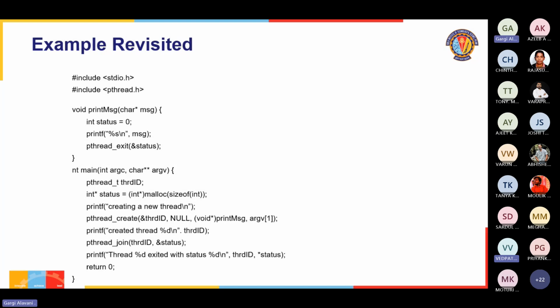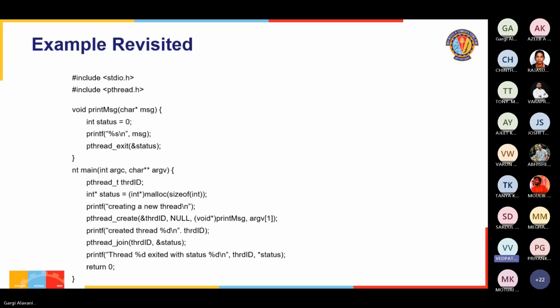Once we start execution of the print message method in a separate thread, pthread exit will come into context and it will end the new thread created as soon as it hits the pthread exit line, right?